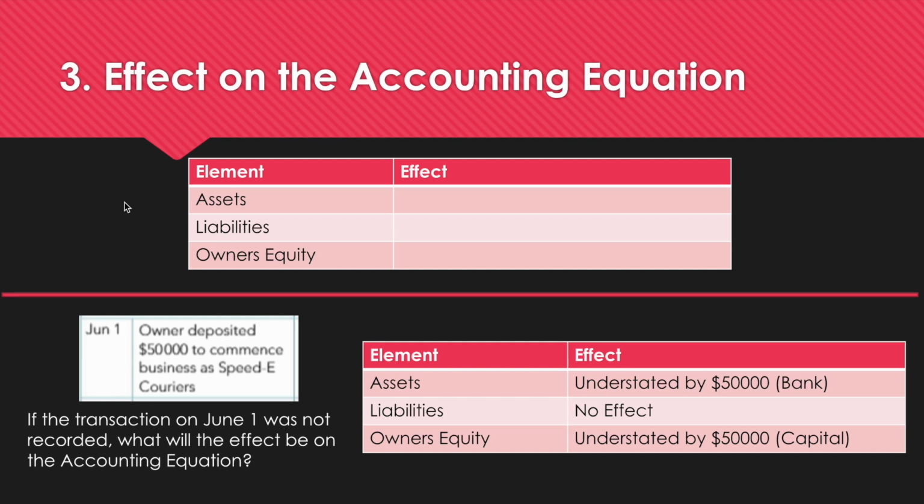Now the effect on the assets is understated by 50K, which is the bank. Remember, the bank is a form of asset, and right now, since this is a form of capital, it doesn't affect the liabilities because you don't owe anyone 50K. In fact, it's a form of capital, so it comes under owner's equity.